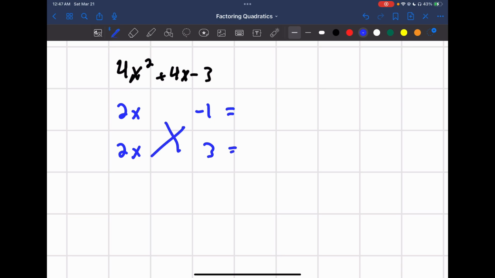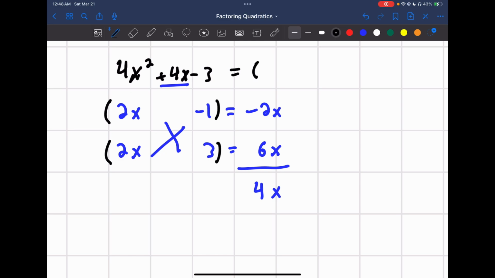It would be minus 2x, and then 2x times 3 would be 6x. And this sums up to 4x, which is equal to our middle term. And we know our factors are 2x minus 1 and 2x plus 3. So our final answer is 2x minus 1 times 2x plus 3. And this is our final answer.